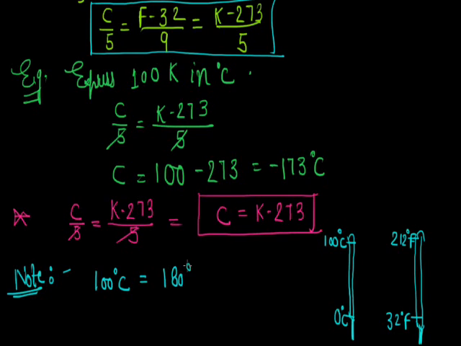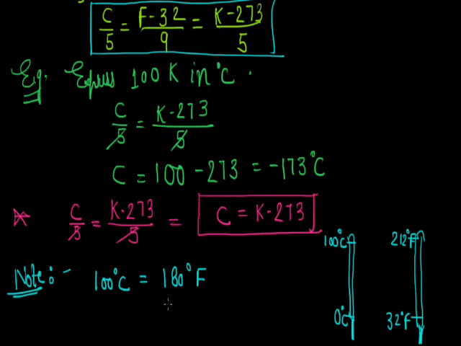Now from these scales we can write that 100 degree centigrade equals 180 degree Fahrenheit, because the same length of expanded mercury column has a marking from 0 to 100 degree centigrade on the Celsius scale and from 32 to 212 degree Fahrenheit on the Fahrenheit scale.